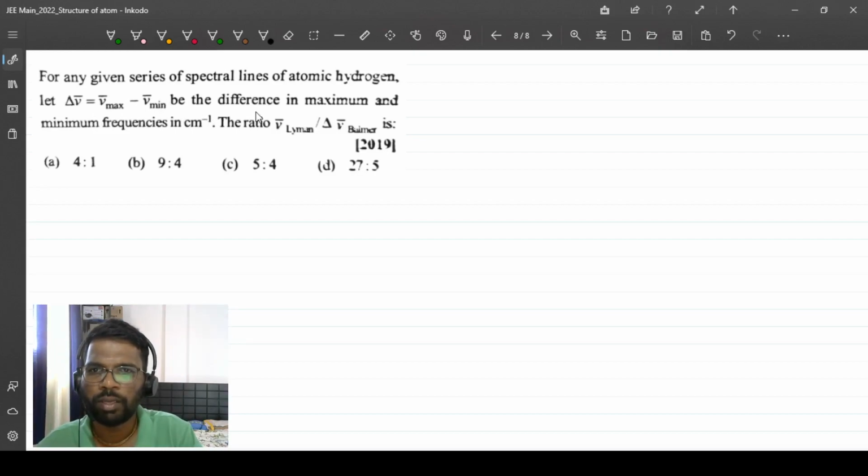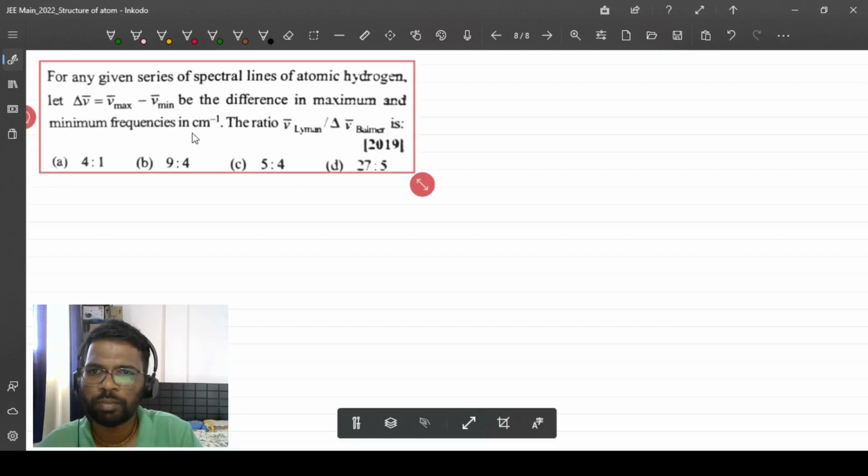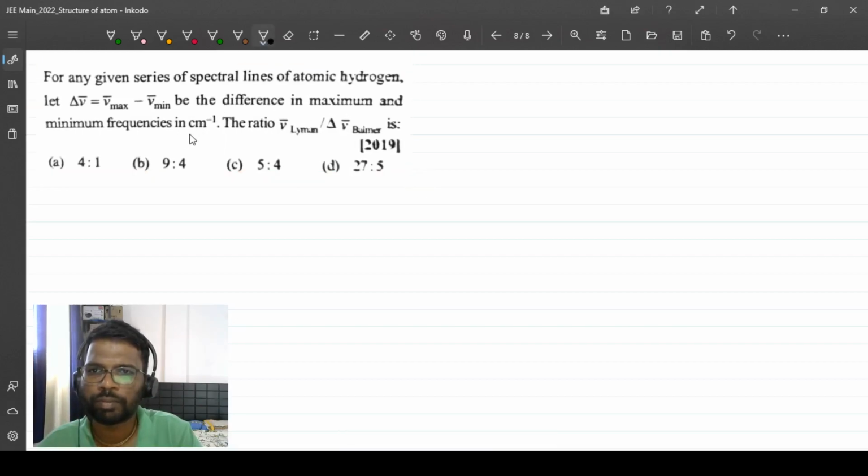Let it be the difference in the maximum and the minimum frequencies in per centimeter. The ratio of the difference in the wave number of the Lyman series, maximum minus minimum, upon that of the Balmer series, maximum minus minimum, right?